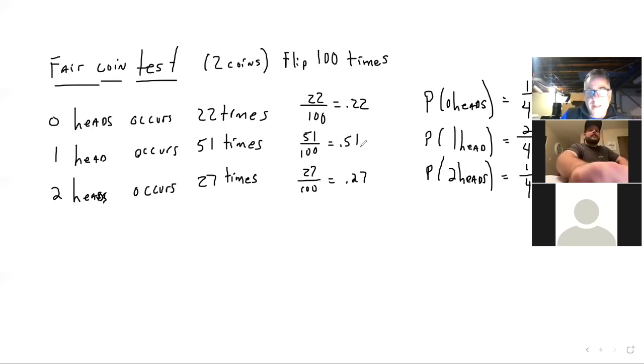Probability of getting 1 head out of 100 rolls: when I did this experiment, rolling 100 times, I came up with 0.51. Theoretically, it's 0.5. And again, 0.22 and 0.25. So when I compare the theoretical with the empirical, they're close. I would not have reason to suspect that these coins are not fair.